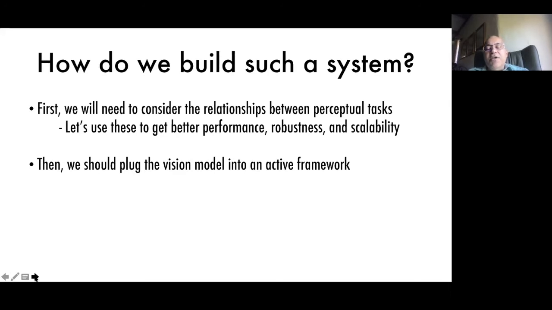So we're going to start to do this by first considering the relationship between perceptual tasks. Even though my interest is really in connecting perception to action, I'm going to start with a story where I'm just considering the relationship between different perception tasks in themselves, okay? And then we'll get to action in a little while.